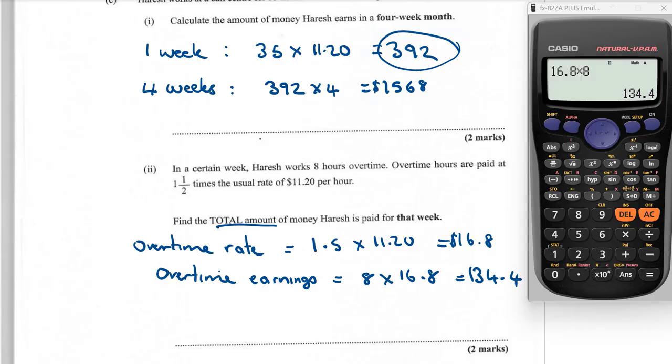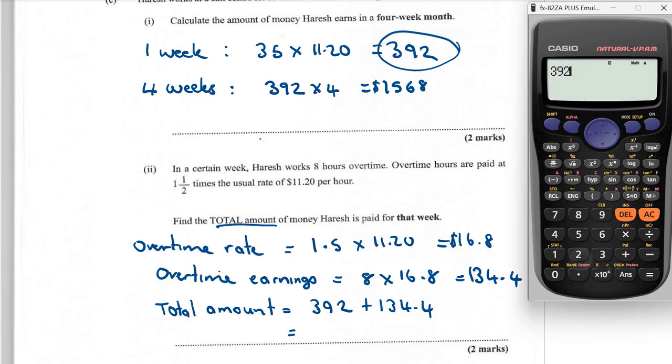So the total amount equals 392 plus 134.4, and that gives us 526.4.